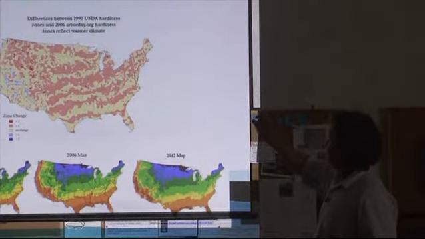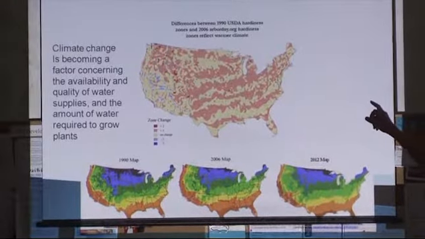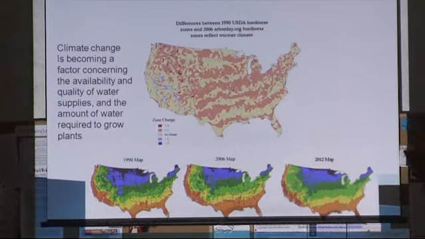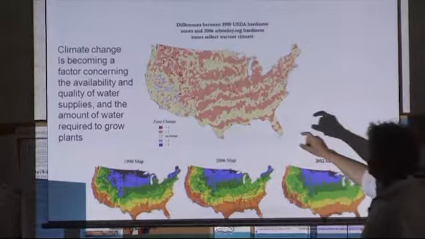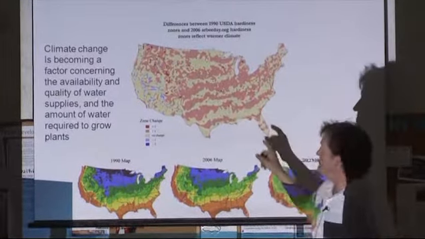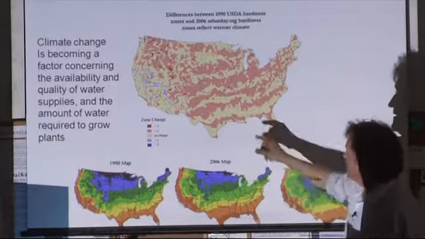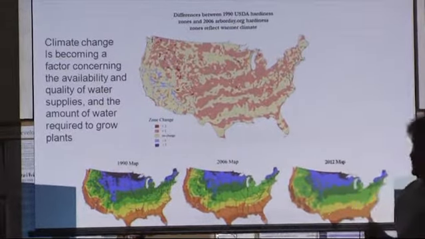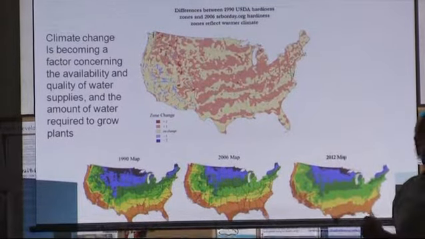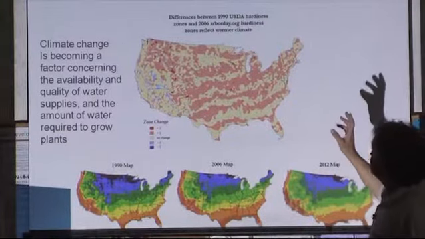This is a few years old, but it shows the difference between 1990 and 2006, how much warmer these areas are. The area in yellow is no change in minimum wintertime temperatures. The area in pink is 1 degree of minimum change. So that's over a period of 16 years. So the climate is getting warmer.